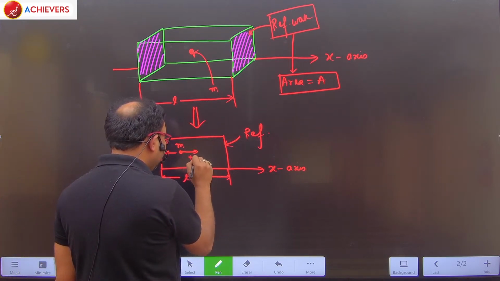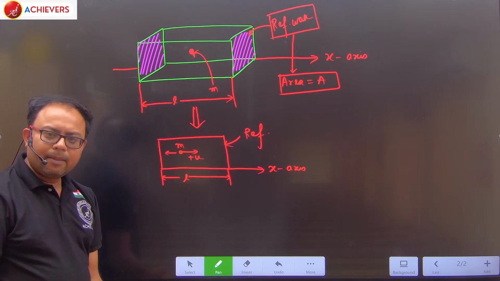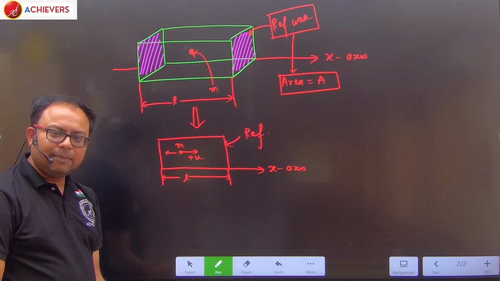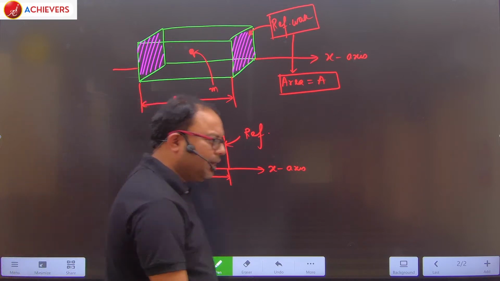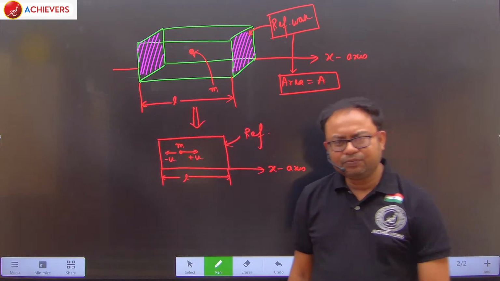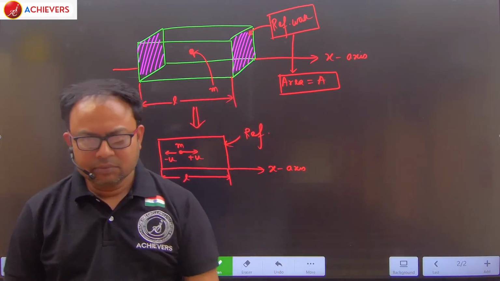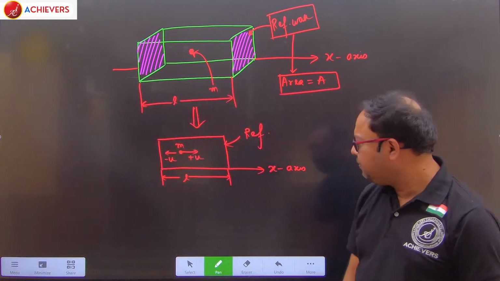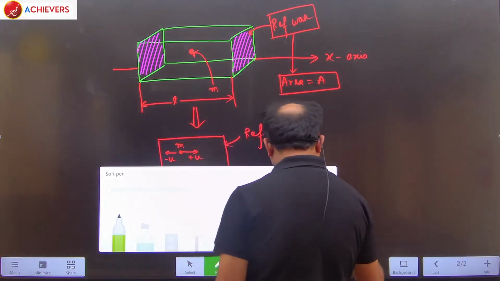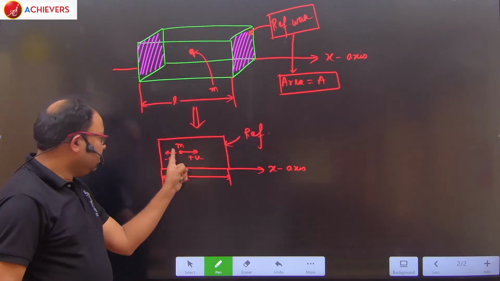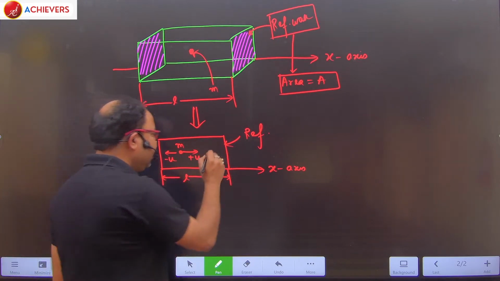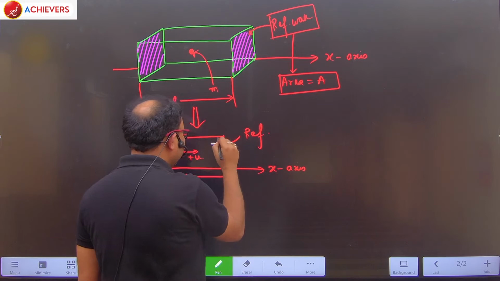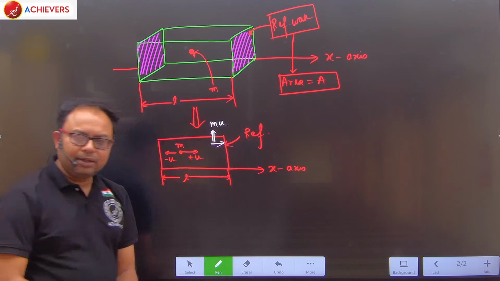The velocity is considered to be plus u in the positive x direction, and that along the negative x direction is considered to be minus u. Okay. So now when this molecule will collide with the reference wall, the initial momentum will be mass multiplied by velocity.